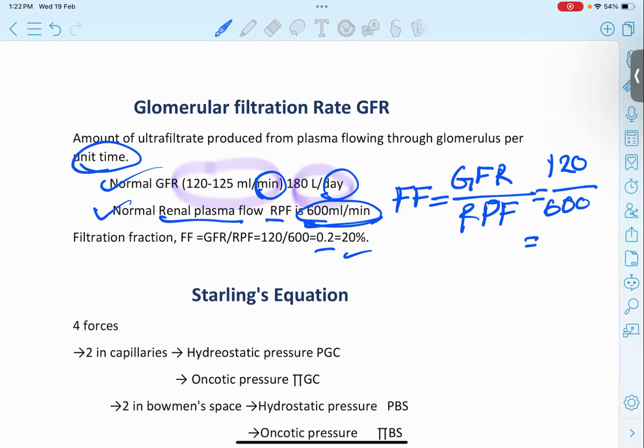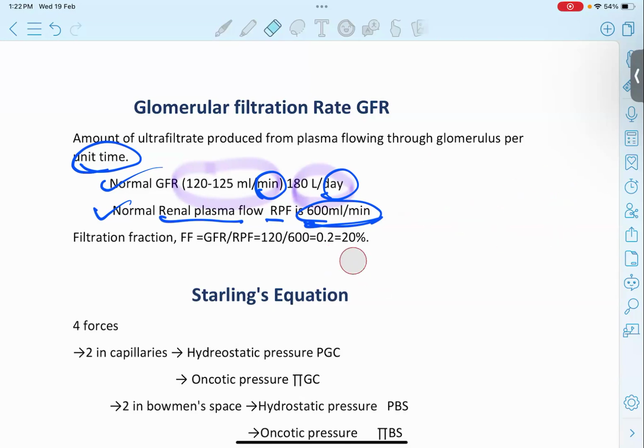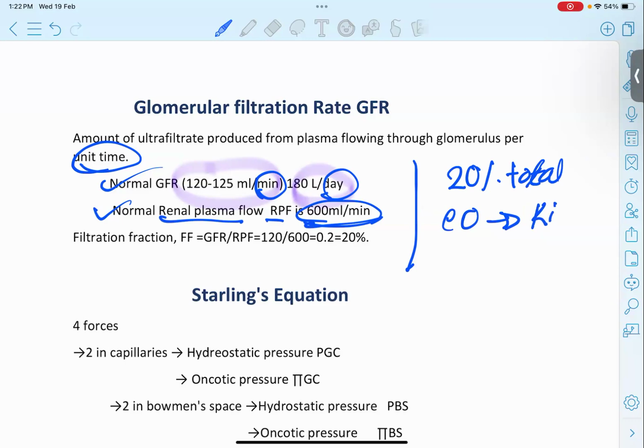The equation of filtration fraction is GFR by RPF, and if you calculate it, you will get 20%. And also one more thing: 20% of total cardiac output is given to the kidney. So that is all about filtration fraction.